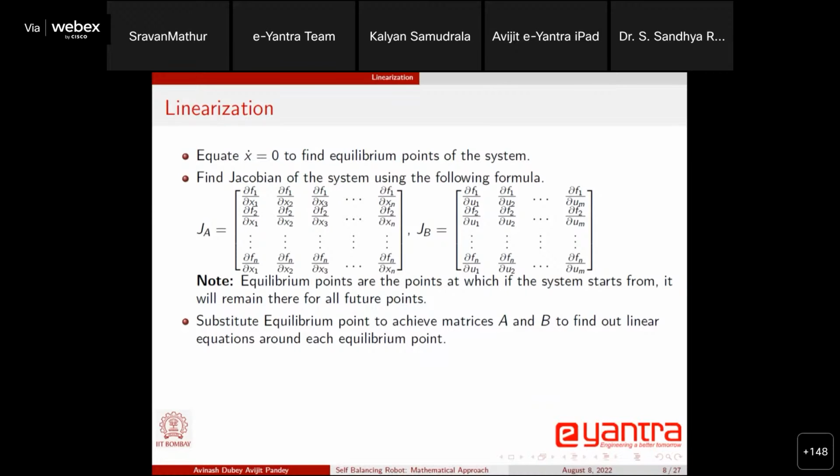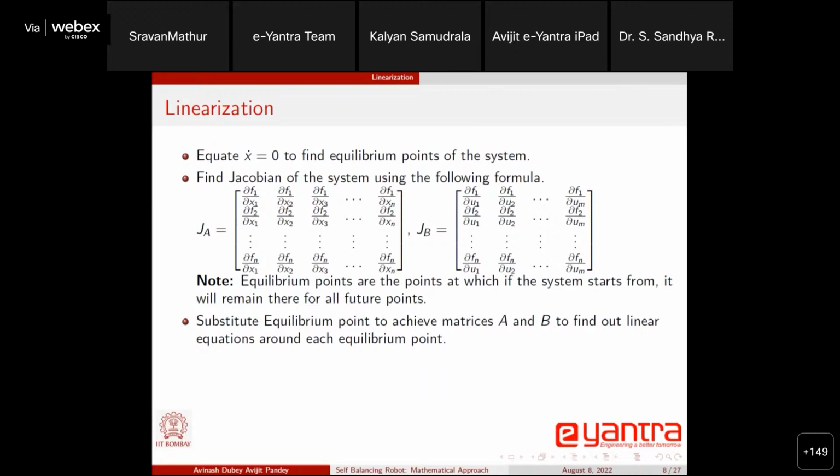That is, you're linearizing your system around an equilibrium point. So it is not a global linear system; your system does not become linear. You are linearizing in a small extent around your equilibrium point, where you assume your system to behave like a linear system.